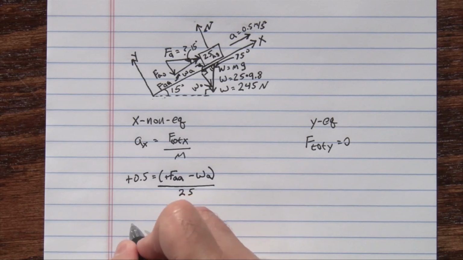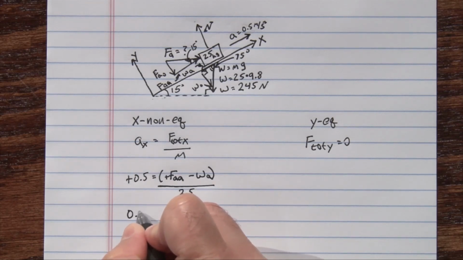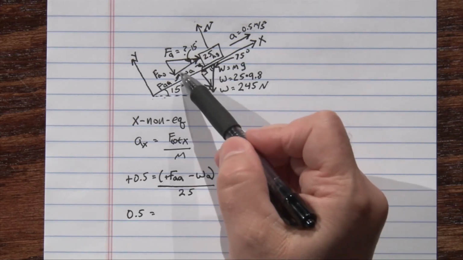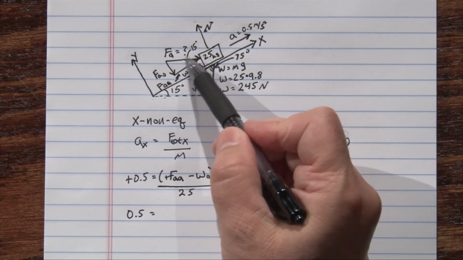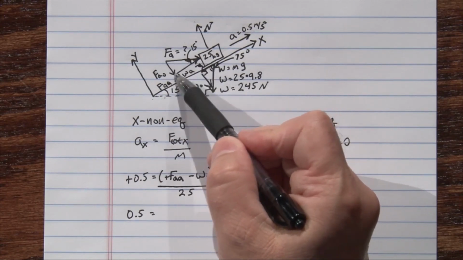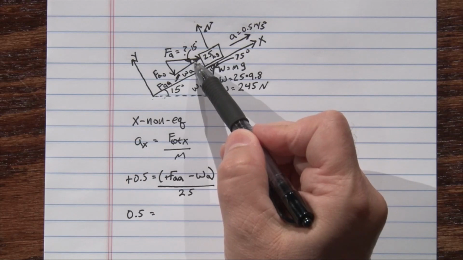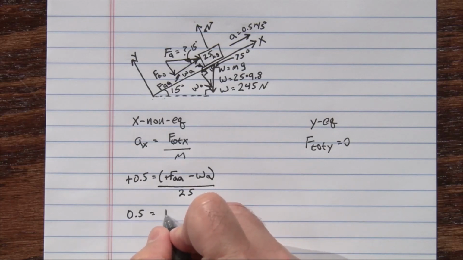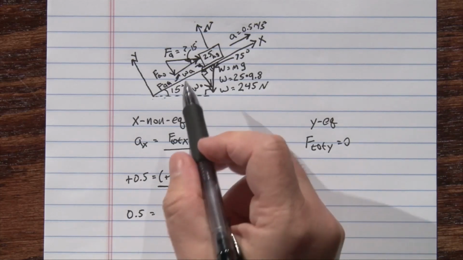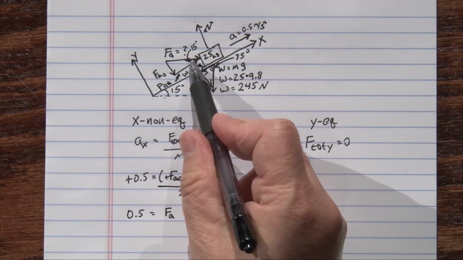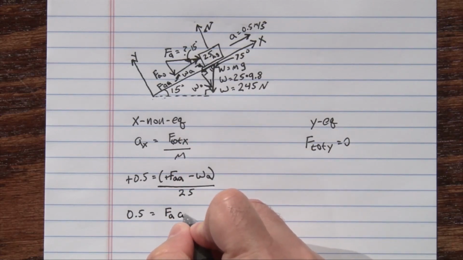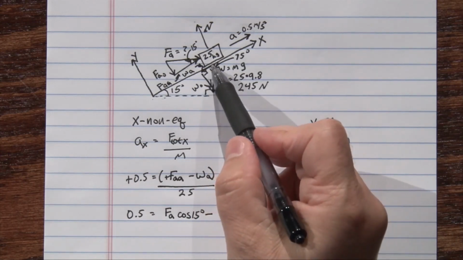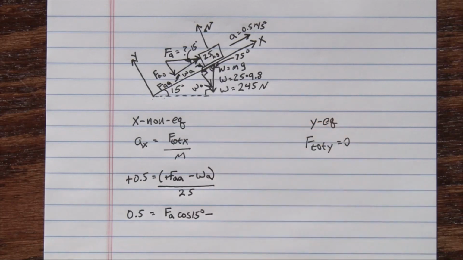Okay, let's expand that a little bit. That would be 0.5 is equal to force applied adjacent. So that is this side of the force applied triangle. The adjacent side would be force applied, whatever it is. We don't know what it is, but it would be force applied times the cosine of this angle. So force applied times cosine of 15 degrees minus weight adjacent, minus this part of the weight triangle.